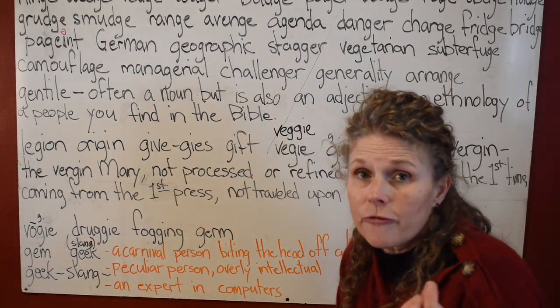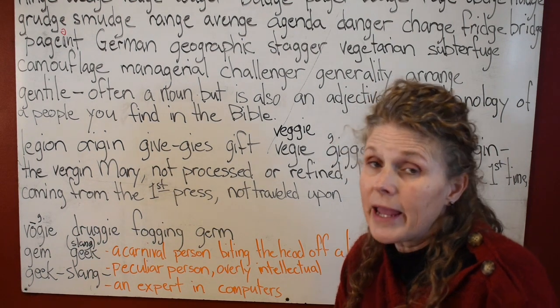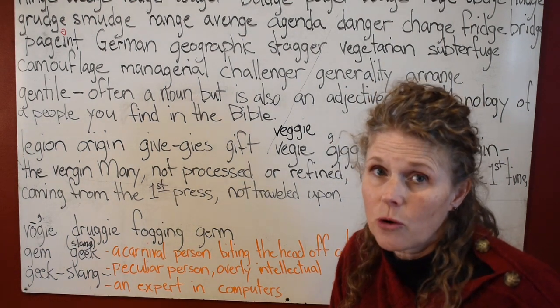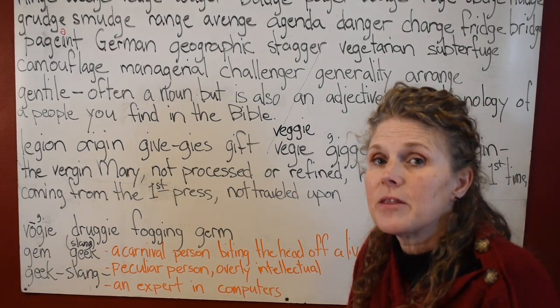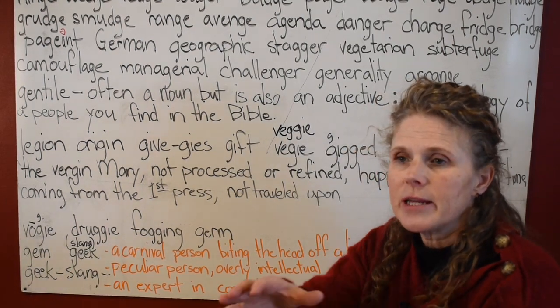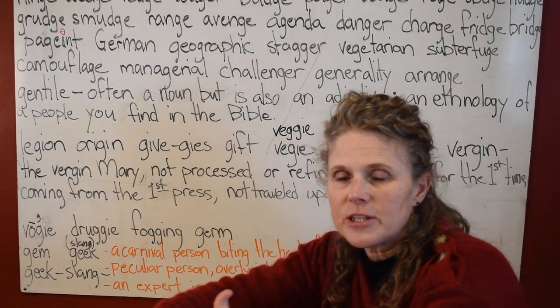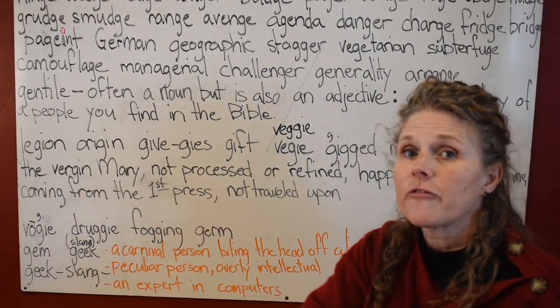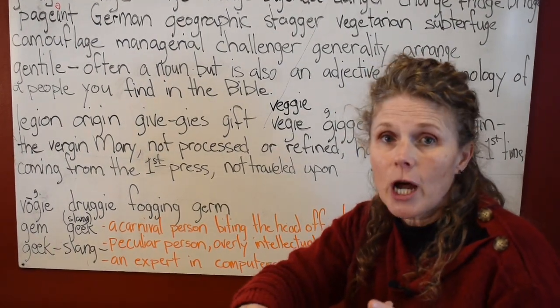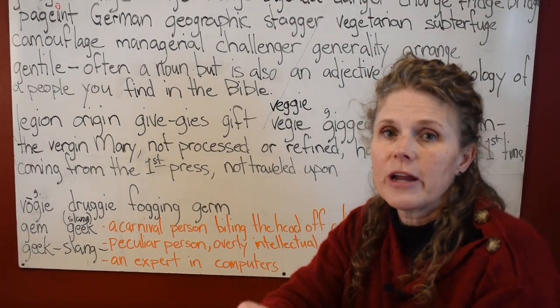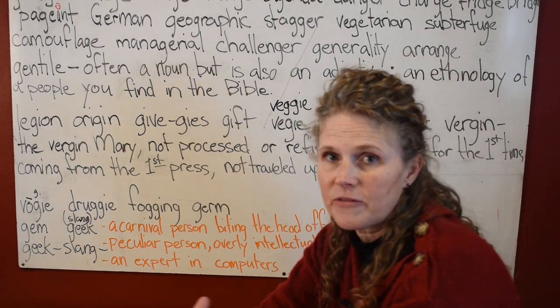Now I buy virgin coconut oil, and I sometimes will buy extra virgin coconut oil. So they still both come from the very first press, but the extra virgin is like the very first stuff that's starting to come out. But the virgin coconut oil is still the first press, but not the very first stuff coming out.